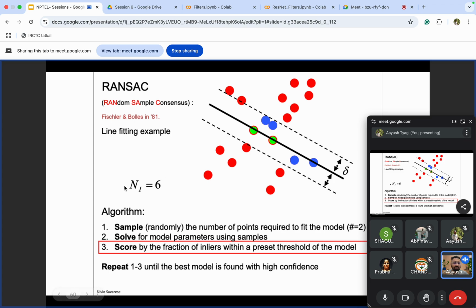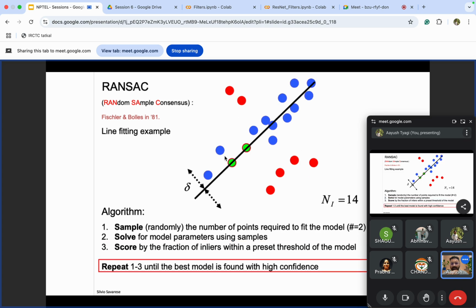There are a total of six such points: 1, 2, 3, 4, 5, 6. So this is one such case. Now I'll select some other points. Suppose I have selected these 2 points, and the delta is present on both sides. In this case I have 14 inliers. I am only missing these 2 points.